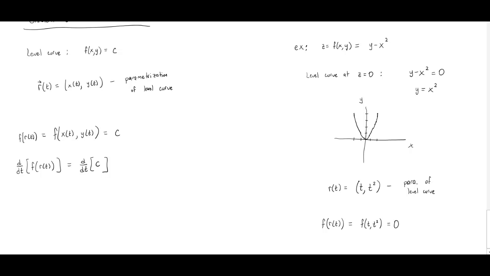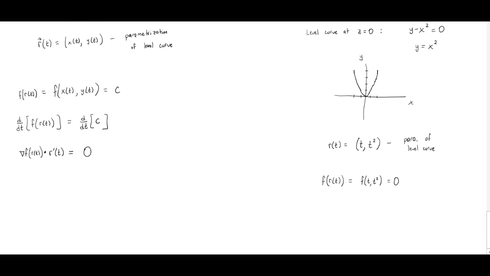So the derivative of this, according to the chain rule, would be the gradient of f evaluated at this point, dot product with the derivative of r of t. Whereas on the right-hand side, this is just the derivative of a constant, so that would just be 0. So what we get is that this dot product of two vectors is equal to 0.